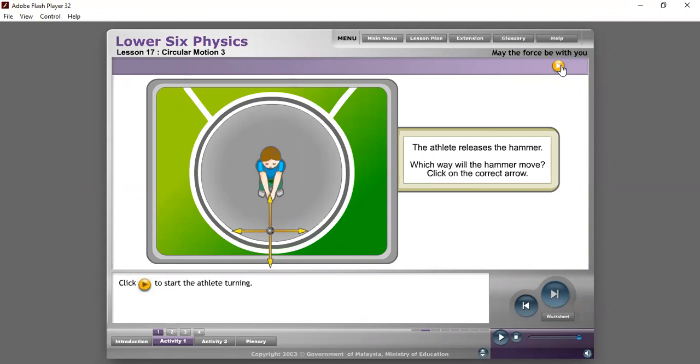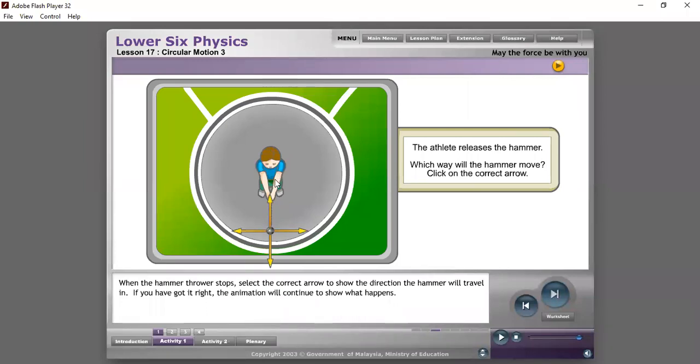Okay, so the athlete releases the hammer. Which way will the hammer move? Click on the correct arrow. When the hammer thrower stops, select the correct arrow to show the direction the hammer will travel in. If you have got it right, the animation will continue to show what happens.